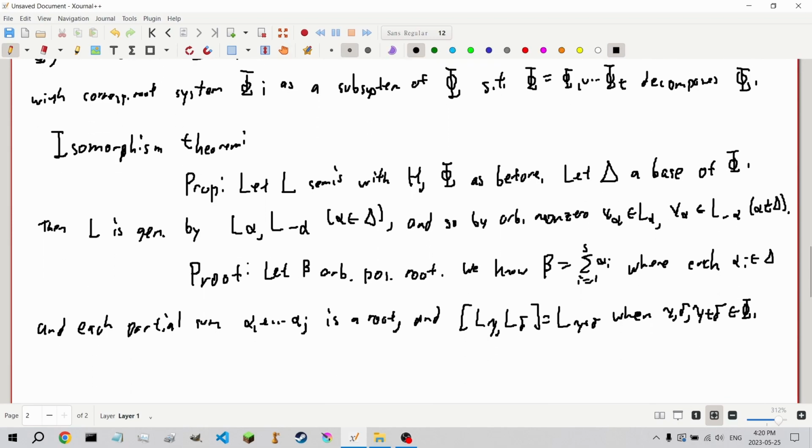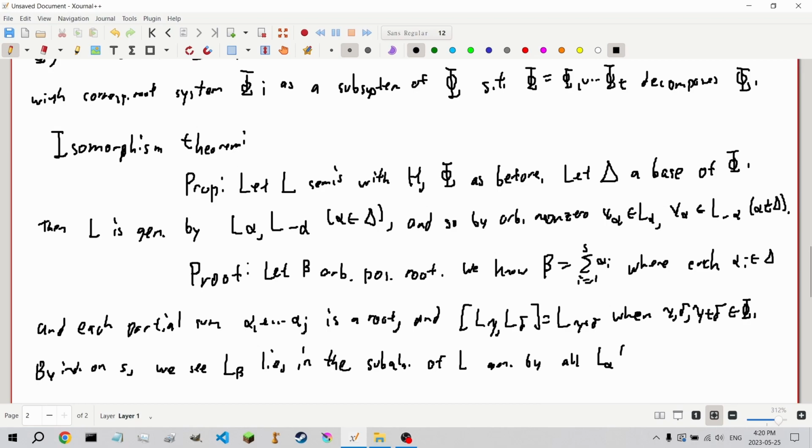By induction on s, we can see that L_beta lies in the subalgebra of L generated by all of our L_alpha for alpha in Delta.